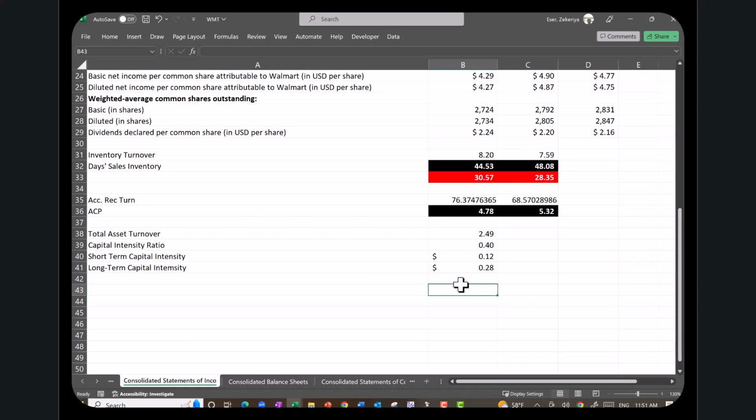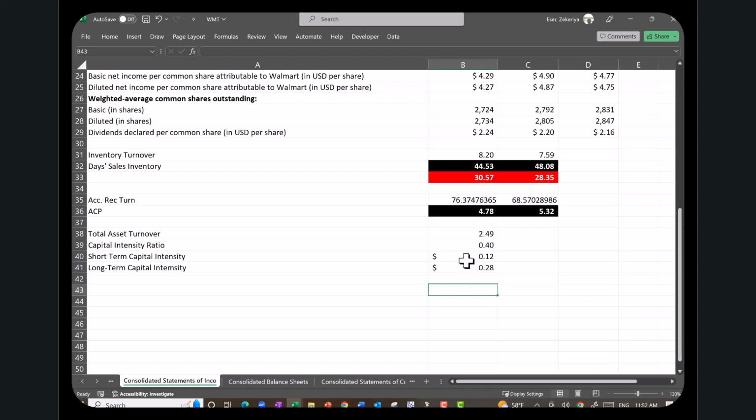And it should not surprise you at all. If you added those up, you're going to get exactly the capital intensity ratio. So you could actually decompose capital intensity ratio into different asset types.